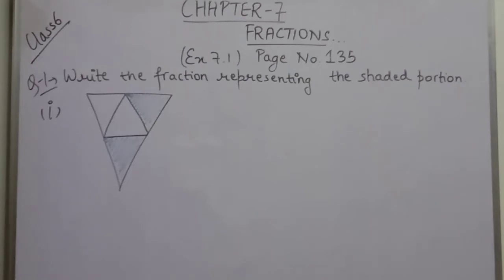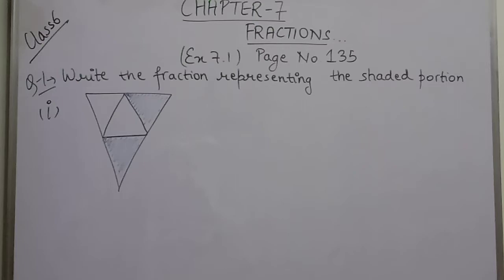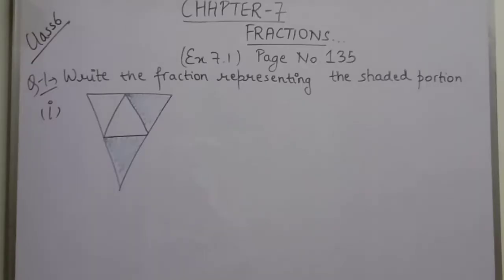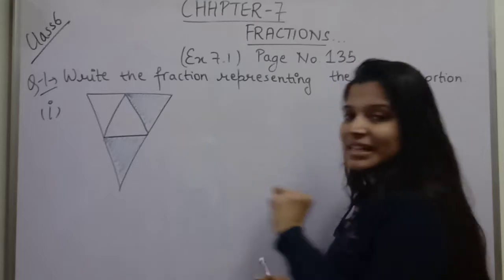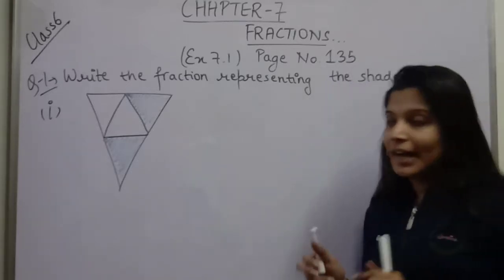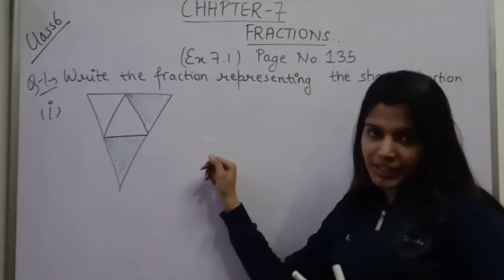How do we write the fraction, children? Okay, so now I think the board is more clear. So how we write the fraction? देखो, जितने total parts हमारे पास given होते हैं, that will be written in the denominator.